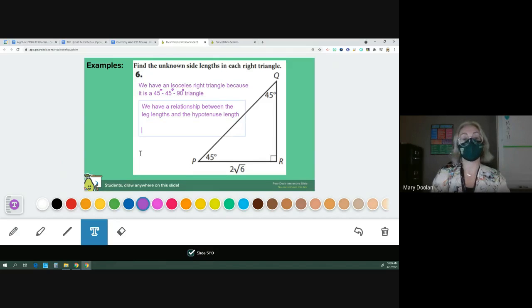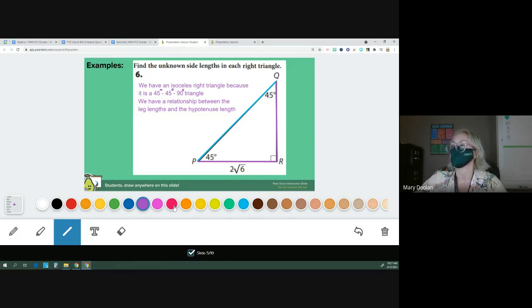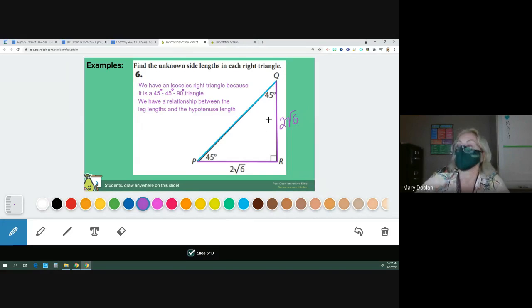Okay, basically what we know is that the length of the hypotenuse right here and our two leg lengths, well, this is 2 times the square root of 6, so this is also 2 times the square root of 6. The relationship here is that if I multiply one of the leg lengths by the square root of 2, then I will get the hypotenuse.